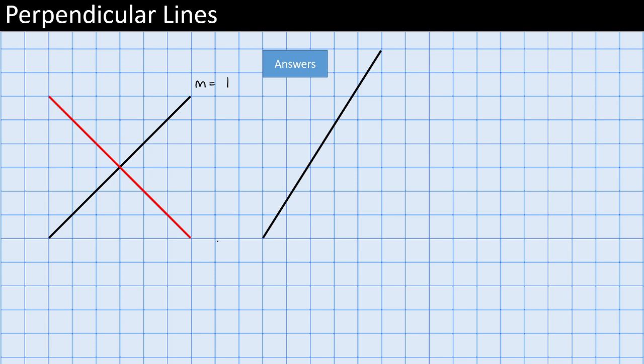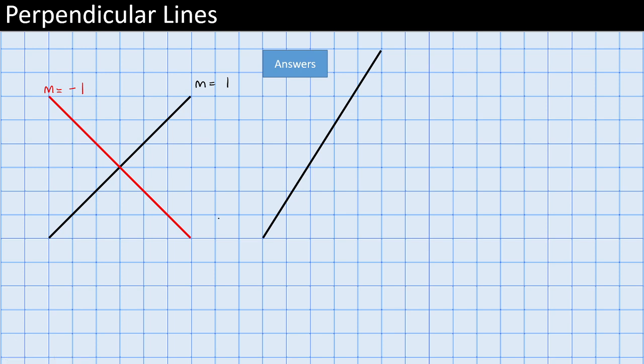And this one has a gradient of -1. For every one step across, I have to come down by 1. So from looking at this, you might think perpendicular lines are negative versions of one another. But you would be wrong.